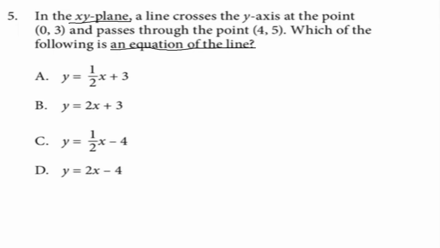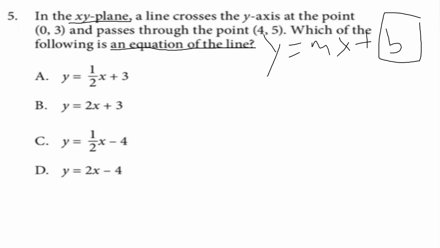So the first thing you need to do is find the y-intercept. To do that, we have to use an equation, which is y equals mx plus b. And this b is the y-intercept. To find that, we have to set x to 0 and then we can solve for b.